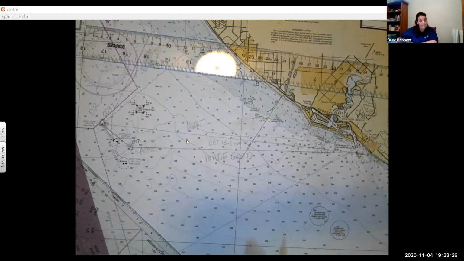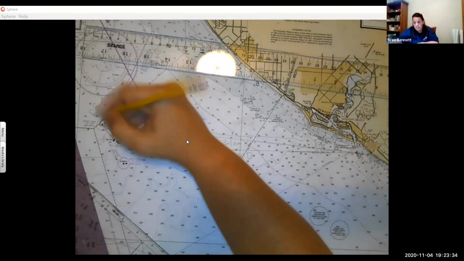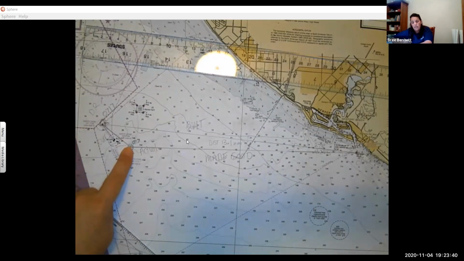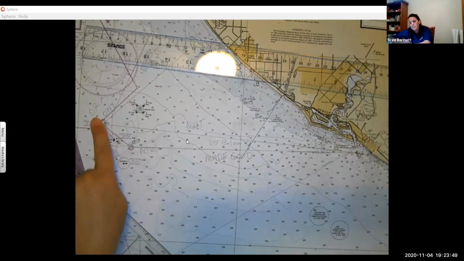They're asking for a set and a drift and a speed over ground, course over ground. So let's look at our current line first. If we thought we'd end up here, but we actually ended up here, did our current push us this direction or this direction? So was it northwest or southeast?